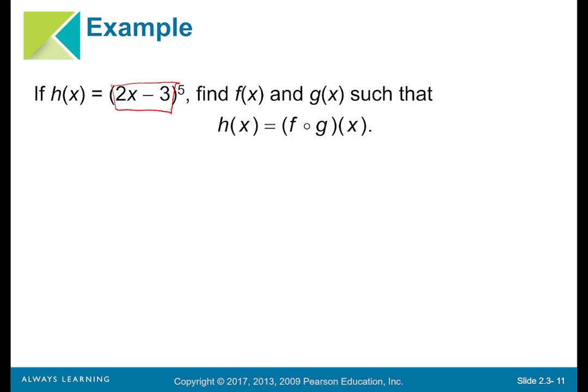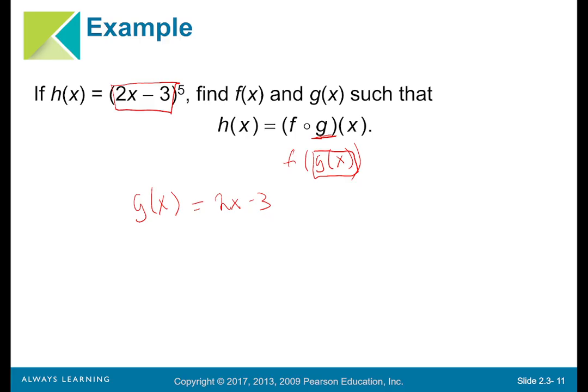That function that you just boxed in is going to be your inner function g of x. Remember, this is f of g of x, and whatever you just boxed in becomes g of x. So g of x is this 2x minus 3.